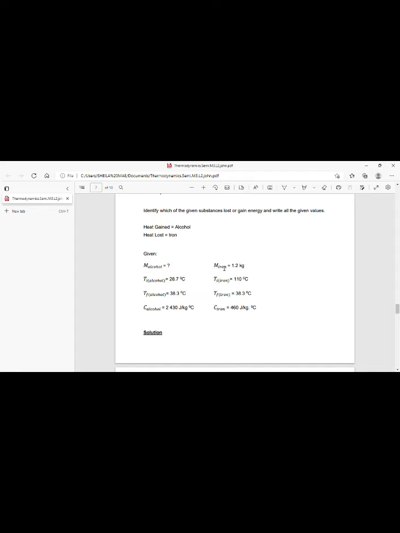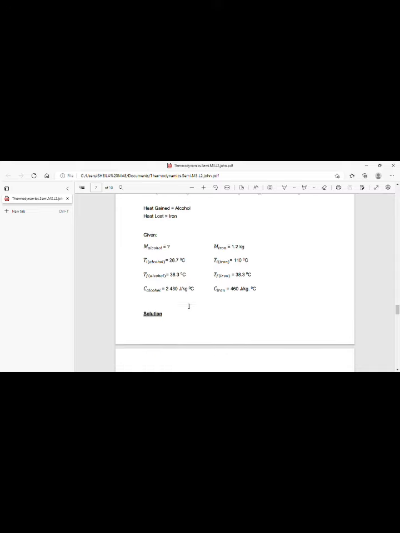The mass of iron is equals to 1.2 kilogram. The initial temperature of the iron is 110 degrees Celsius. The final temperature of the iron is 38.3 degrees Celsius. The specific heat of the iron is 460 joules per kilogram degree Celsius.